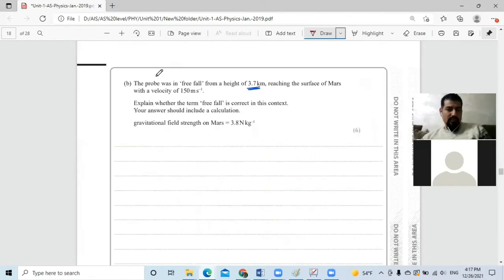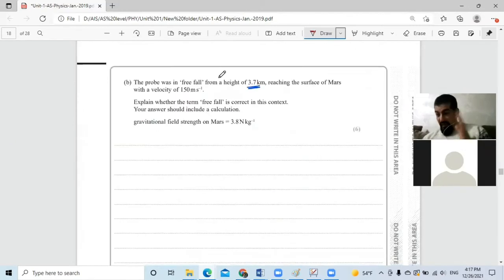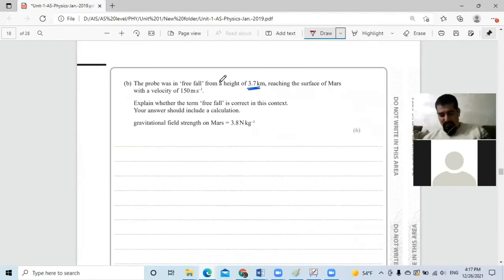Now, part B. The prop was in free fall, as they mentioned, from 3.8 kilometers and reached the surface of Mars at 150 meters per second.